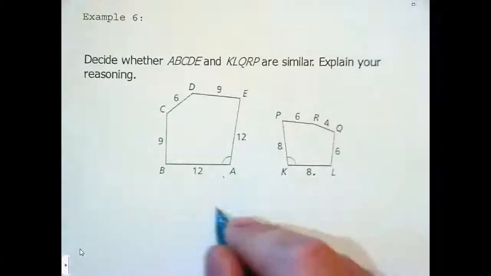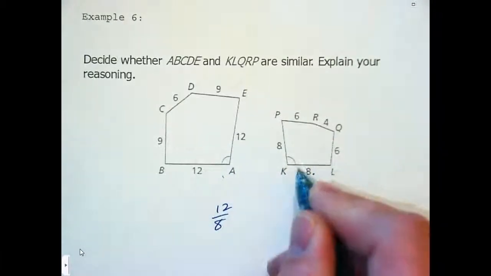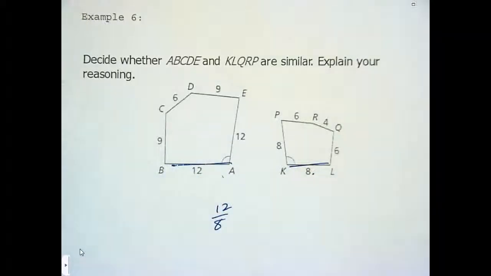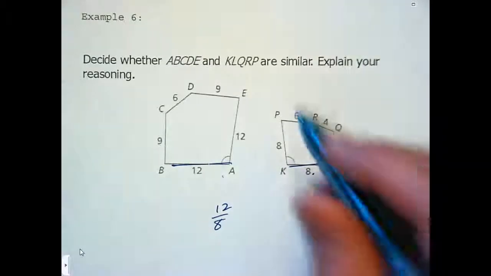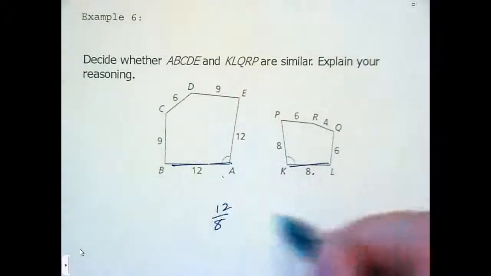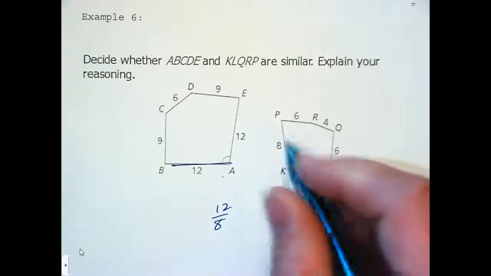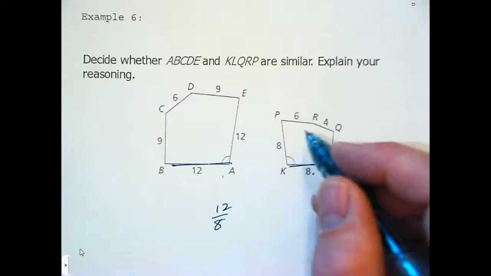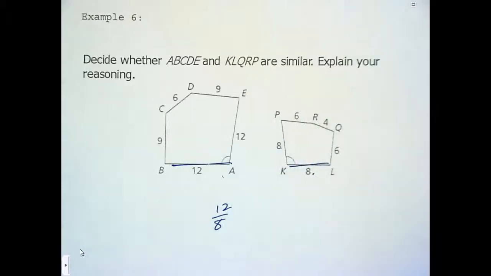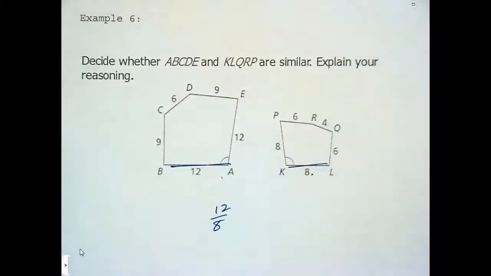Okay, so you're going 12 to 8. So that one to that one. Everyone agree? No. It's PK. PK? My PK is AB. That's the same. You guys agree? Yeah. No. All right.